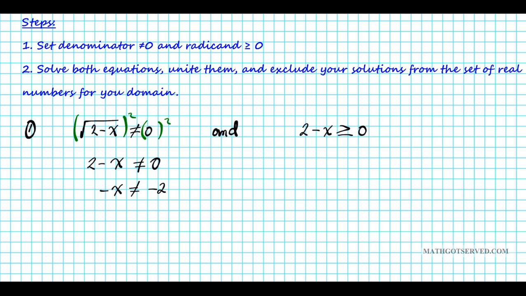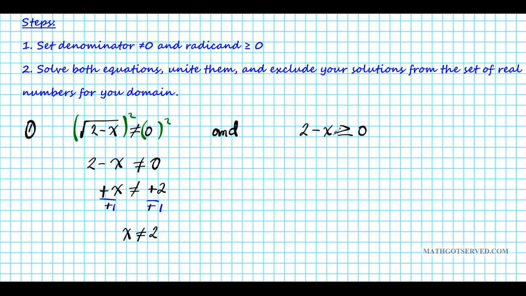Divide both sides by negative 1. I'm sorry, x cannot be positive 2. Minus over minus is plus, and that divides out also. So what does this mean? If x is 2, you will have a 0 in the denominator, which results in an undefined output. So this value must be excluded from the domain.